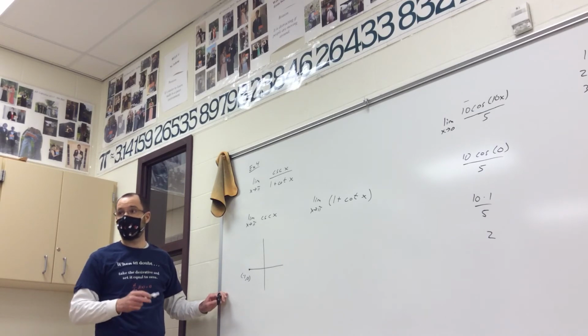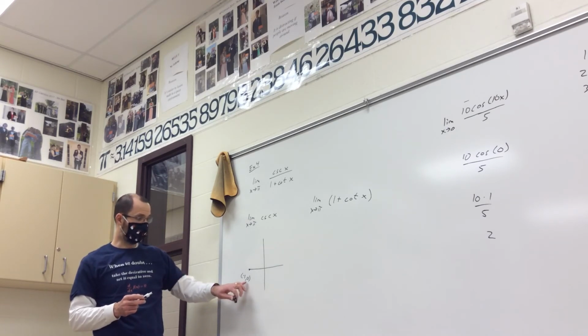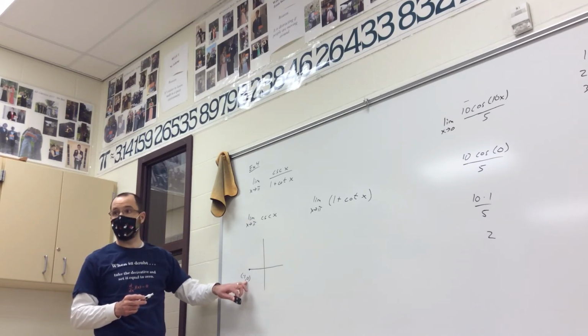The sine is the y value, right? So we're getting, the sine is getting close to 0. So it's like 0.1. So the reciprocal of that would be 1 divided by that. So 1 divided by 0.1, which is 10.